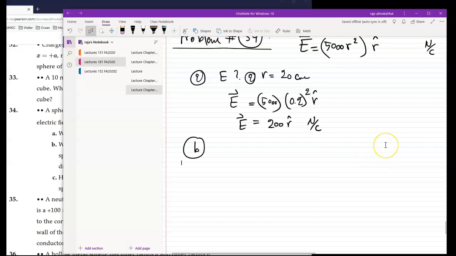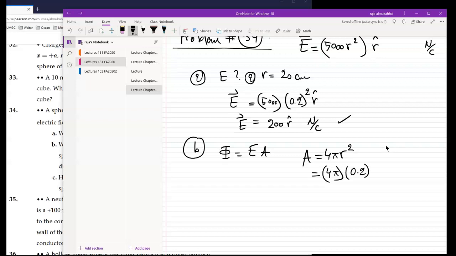All right, so the flux, as you know, is EA in the simplest form, and I already calculated E right here for that radius of 20, so all I need is the area. I'm dealing with a sphere, so that makes it 4 pi r squared. So that's going to be 4 pi, and r here is 0.2. Why 0.2? Because he said the diameter, 2r, excuse me.